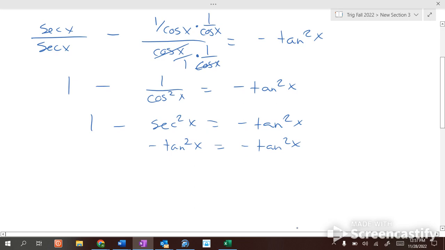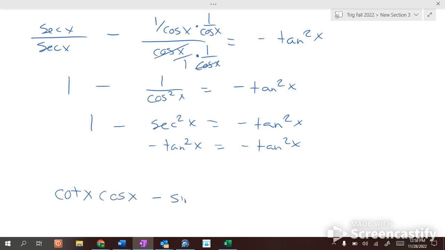Let's say we have cotangent of x, cosine of x, minus sine squared of x.